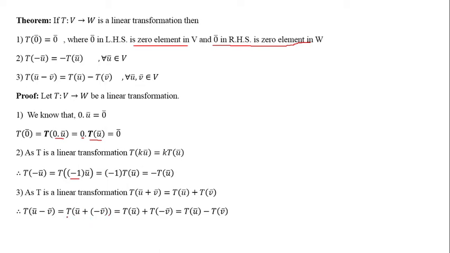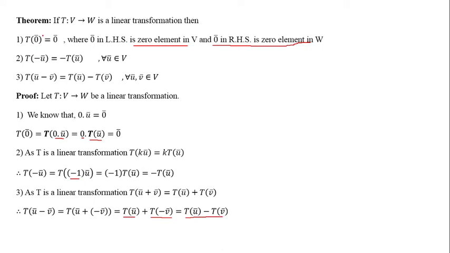Now T is a linear transformation, so this can be written as T of u bar plus T of minus v bar. In the second condition, we have proved that T of minus u bar is minus T u bar. So here you can take the minus sign outside. So this is T u bar minus T v bar.